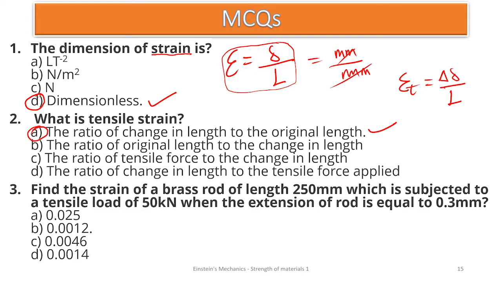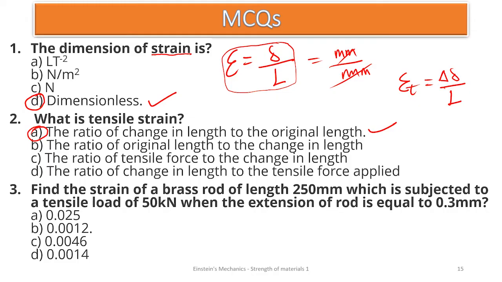Alright, so number 3 says find the strain of a brass rod of length 250 mm which is subjected to a tensile load of 50 kilonewton when the extension of the rod is 0.3 mm. So with this we are to find the strain.